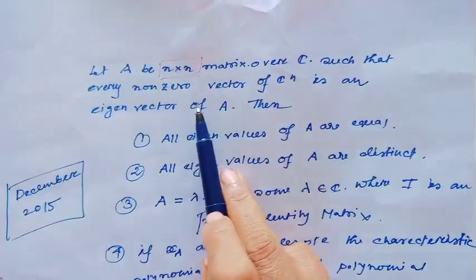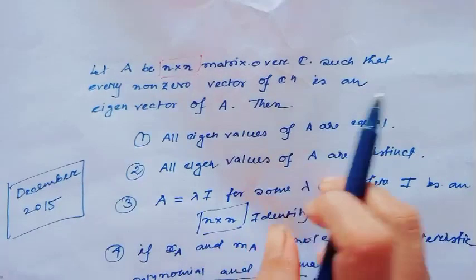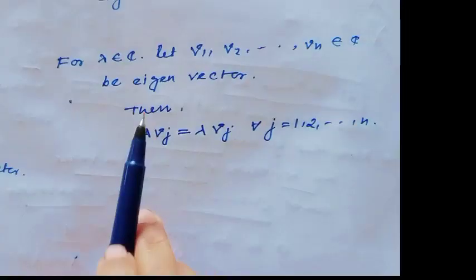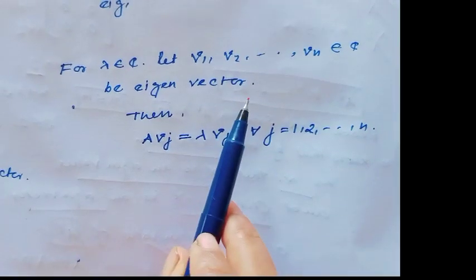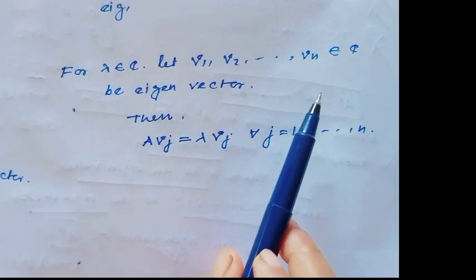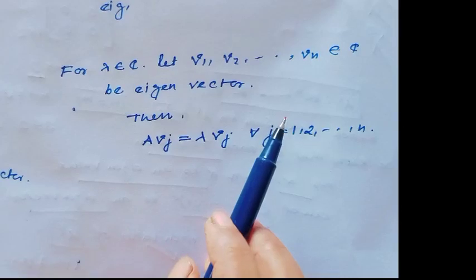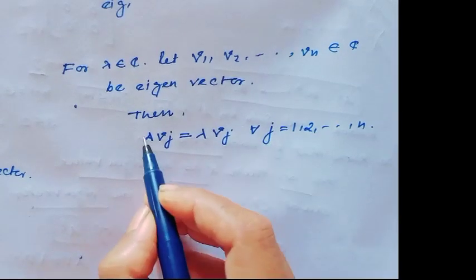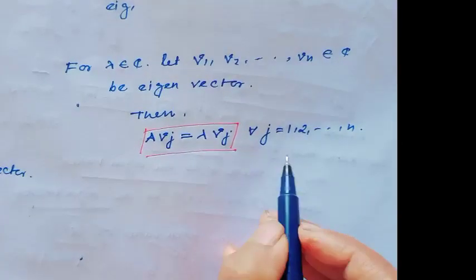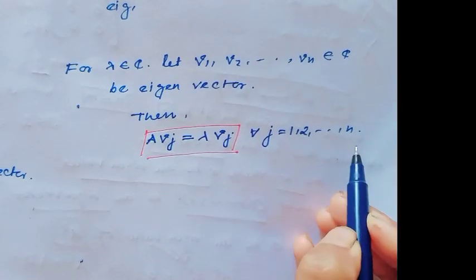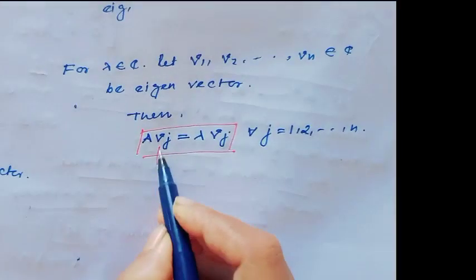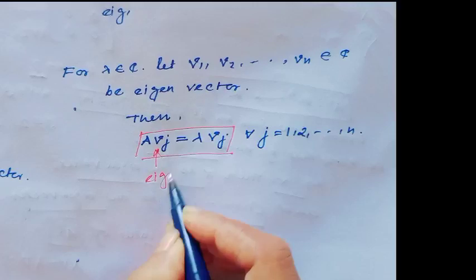Here, every non-zero vector of C^n is an eigenvector of the matrix A. For lambda belonging to the complex numbers, let v1, v2, ..., vn all be eigenvectors. Then by definition, obviously A Vj equals lambda Vj, where j equals 1 up to n, and these Vj are all eigenvectors.